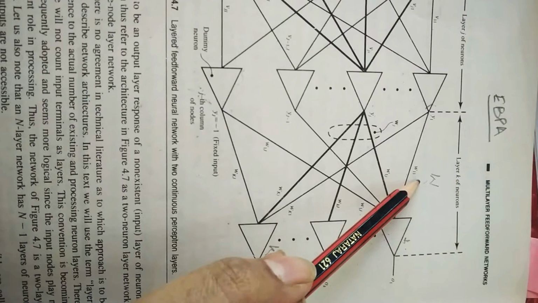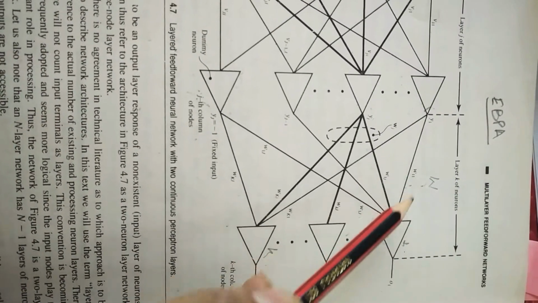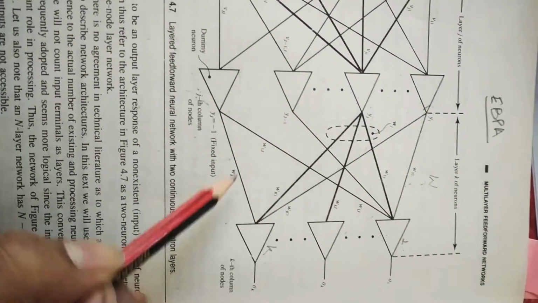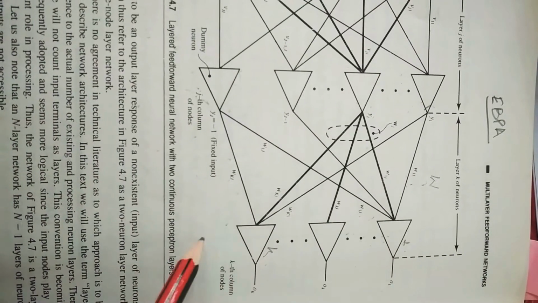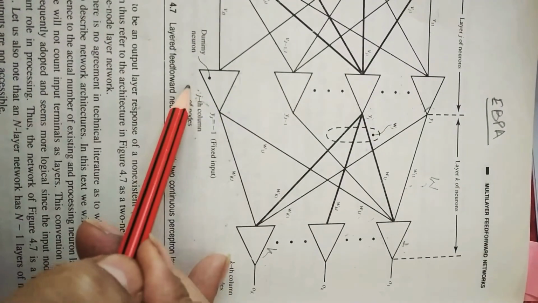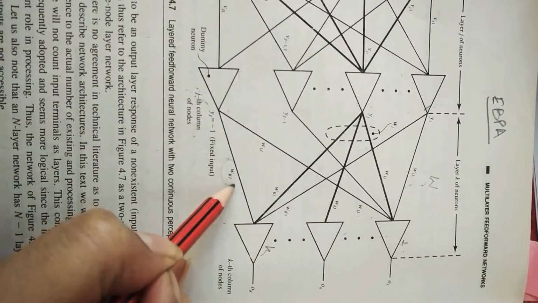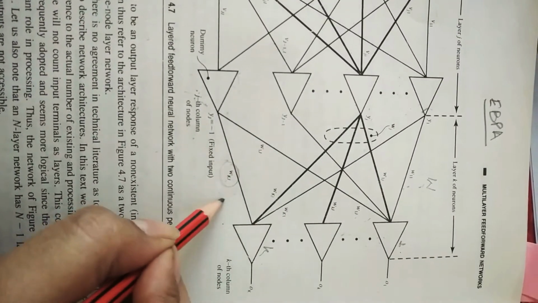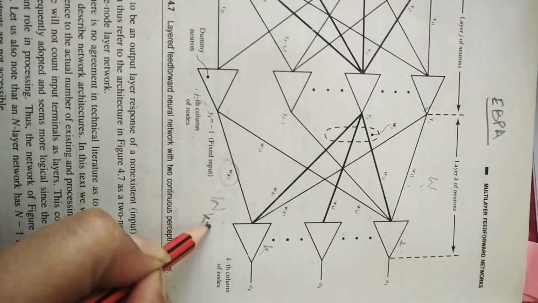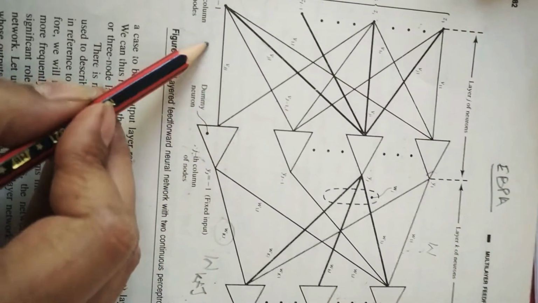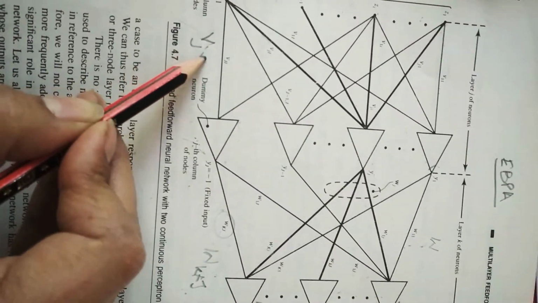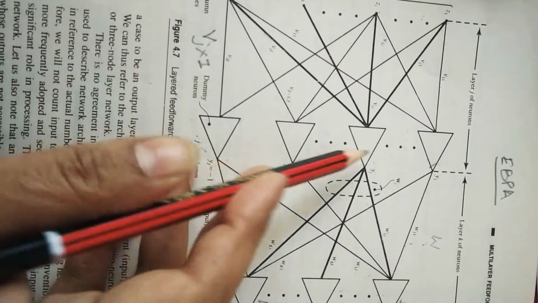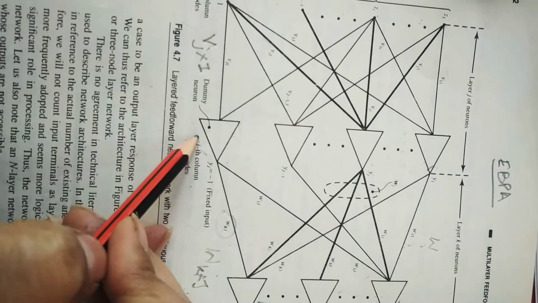Now this W would be from W11 to WKJ, because we are having K neurons here and J neurons here. So the last weight would be WKJ, such that the whole weight matrix would be W of K cross J. And for the V matrix, we are having J cross I, because we are having J neurons and I inputs.